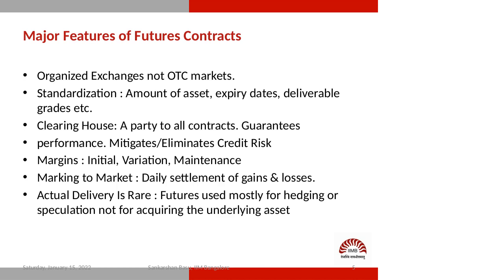If that is the case, there might be some adjustment that is needed, which is essentially the whole argument of deliverable grades. If I have to give you a different quality of product, then how do I adjust for that? Because if there is a better quality of product, how much will the price adjustment be? If it's a worse kind of product, how much will the price adjustment be? And how much better and how much worse is acceptable is something that the exchanges will have to pre-specify.